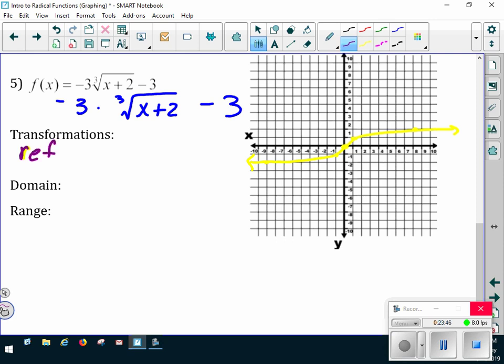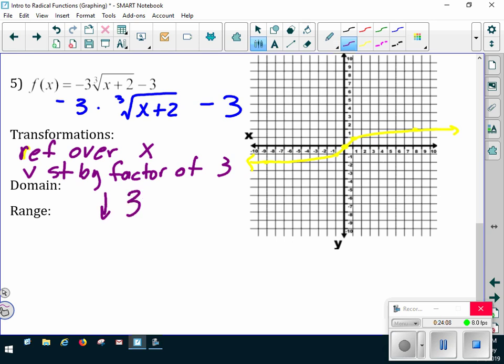Reflect over x-axis. Andrew, give me another one. Good. Vertical stretch by a factor of 3. Tori, give me another one. Down 3. And y'all said there were 4, so that means one more. Left 2. Good.